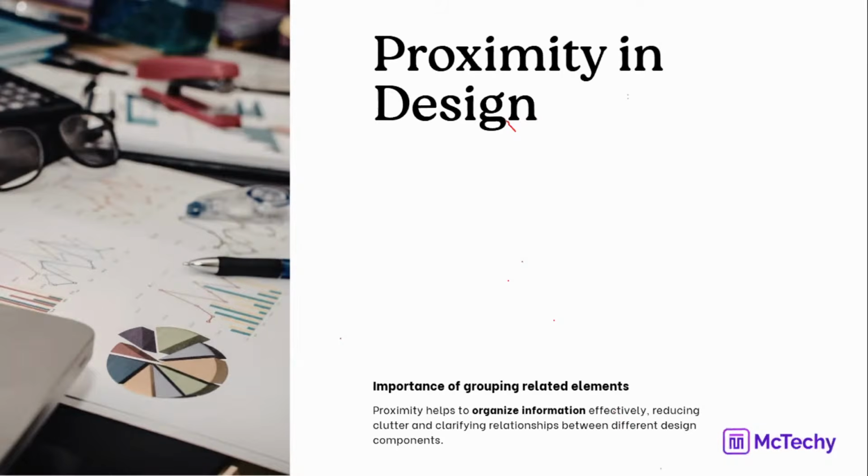You organize your information effectively so that there is no clustering or overcrowded design. Your design has white space, but not too much white space. That is what proximity is, giving a boundary to what you are designing.